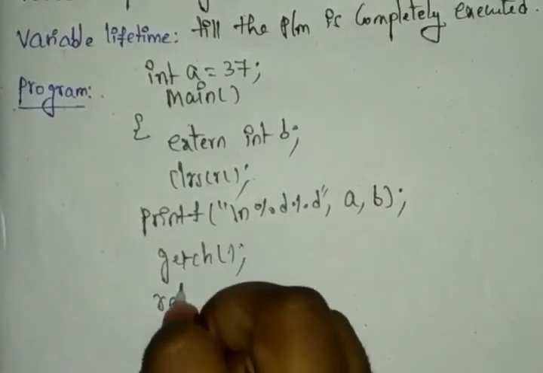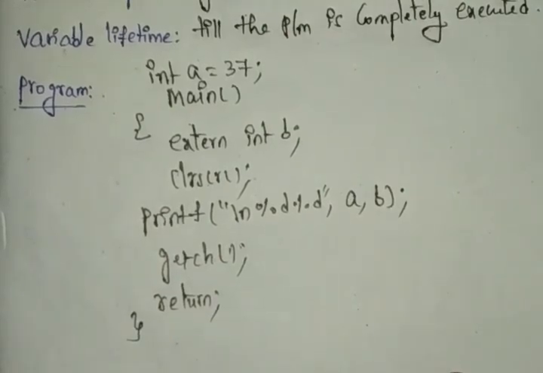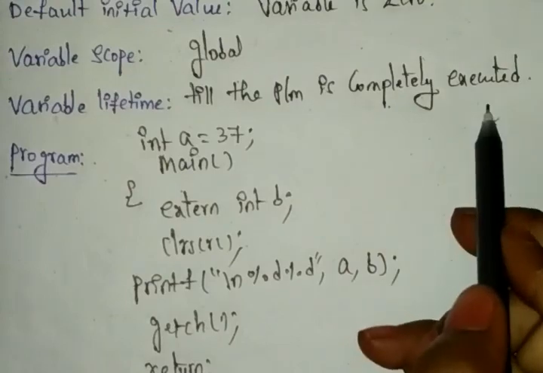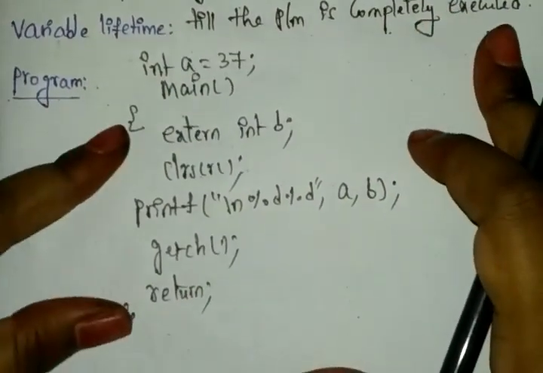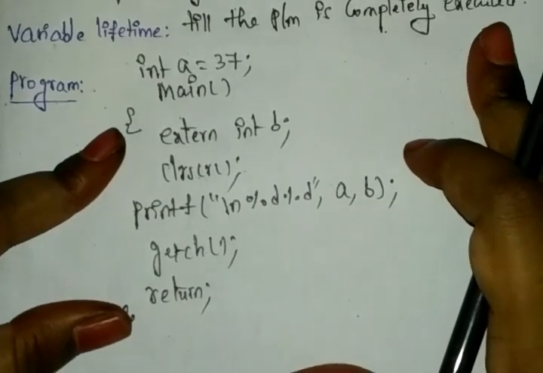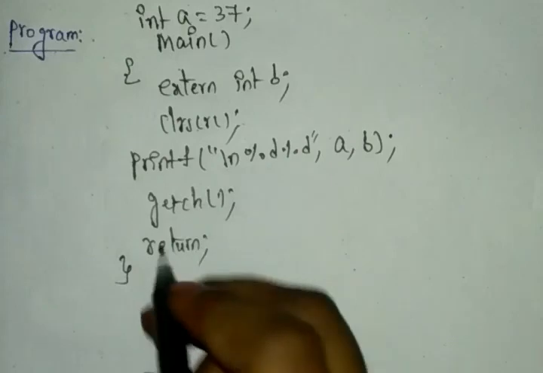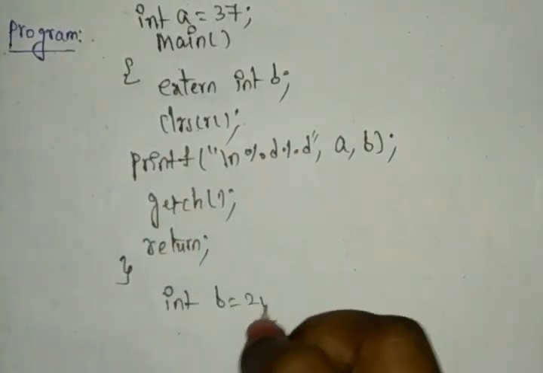and write return. Okay, we closed. See here, the variable lifetime will be till the complete execution, not just for the function, right? So here we close the function, but we are still continuing to write the program with int b equals 20.